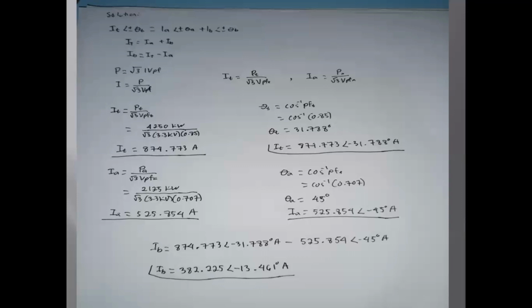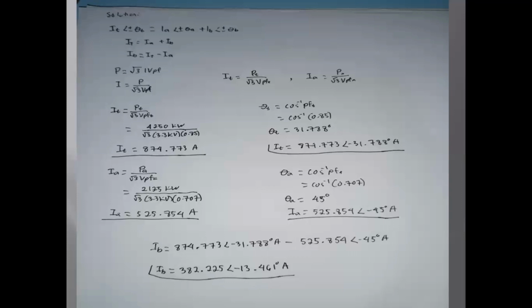Then next is theta. We need the power factor, so the inverse cosine of 0.707 gives 45 degrees. So IA is equal to 525.845 angle negative 45, negative because it is lagging.